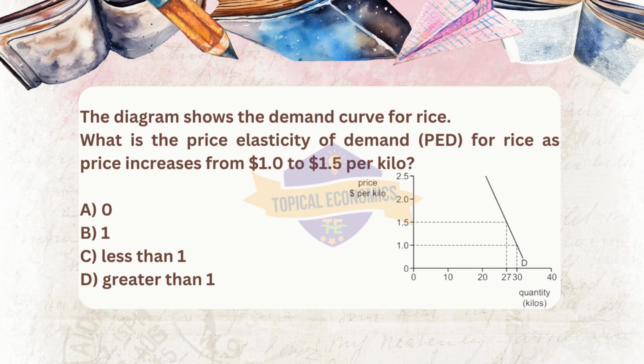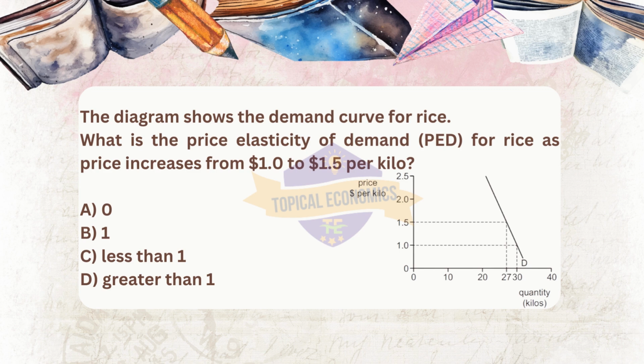Let us analyze this. Price elasticity of demand, PED, is calculated as the percentage change in quantity demanded divided by the percentage change in price. In the case of essential goods like rice, demand is typically price inelastic, PED<1, meaning that quantity demanded does not change significantly with price changes.